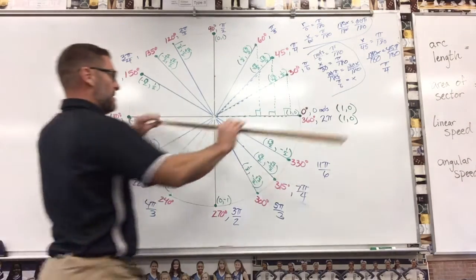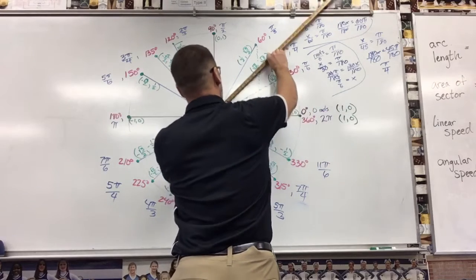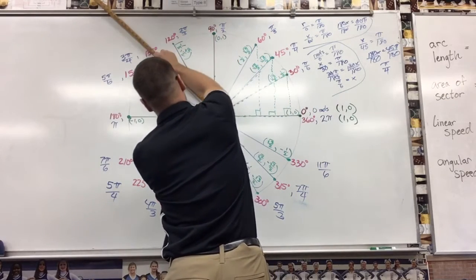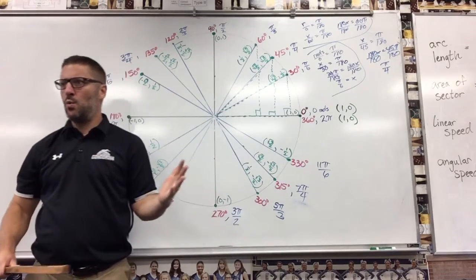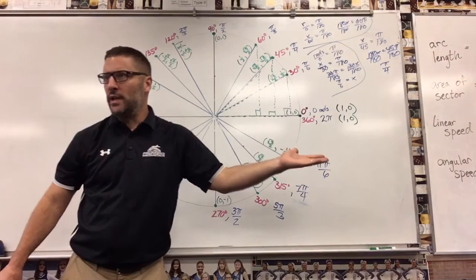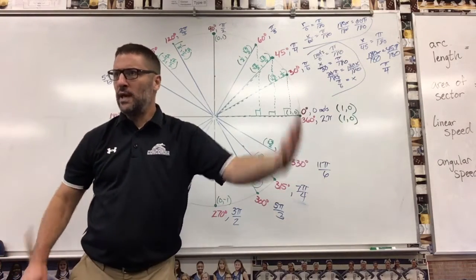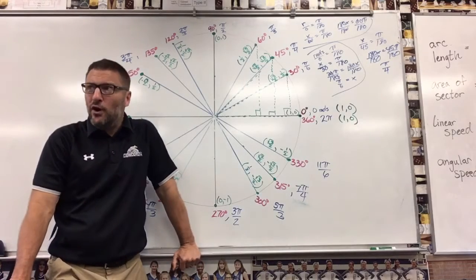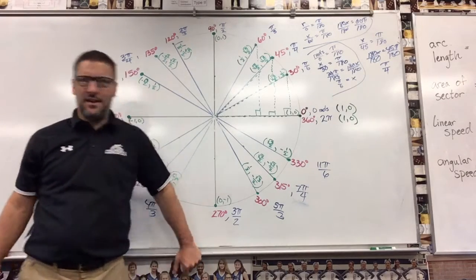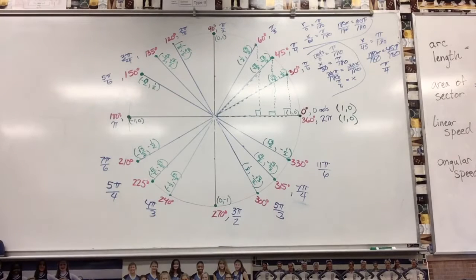Watch. 0 pi over 4, 1 pi over 4, 2 pi over 4, 3 pi over 4, 4 pi over 4, 5 pi. How far should I go? To 21. Let's see if we can agree on the ordered pair. You guys count it out. 21 pi over 4, what would that ordered pair be?